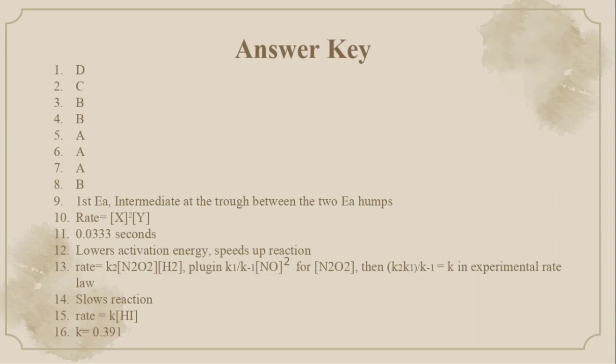I'm assuming you're talking about the problem 13, since we were substituting. Yeah, it would be little K1 over K minus 1, just like it's written here. Is that what you're asking?